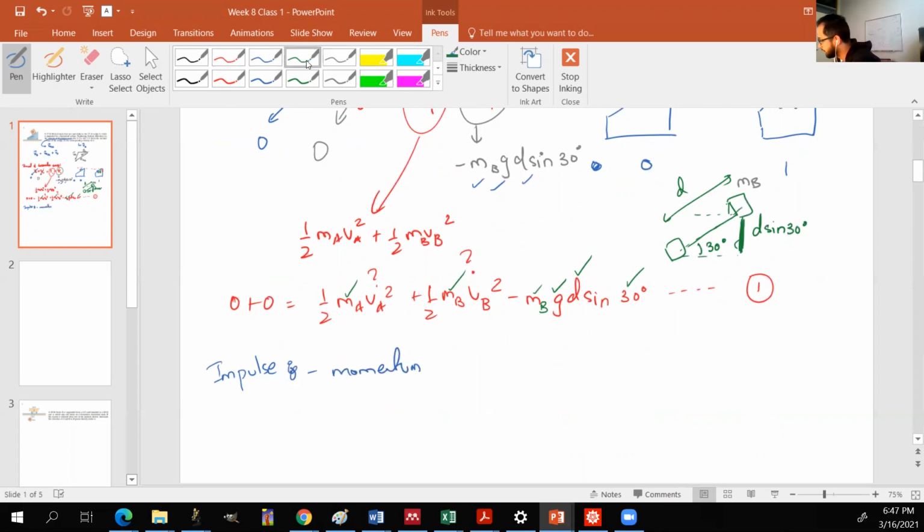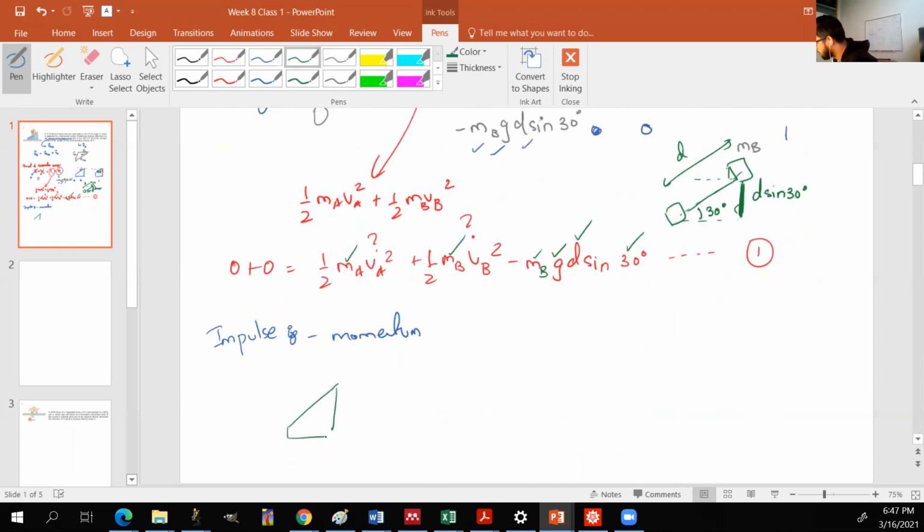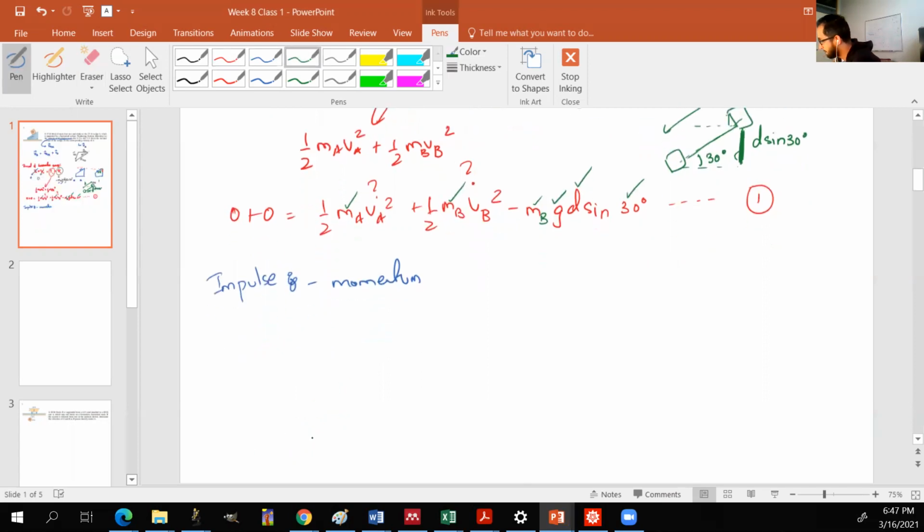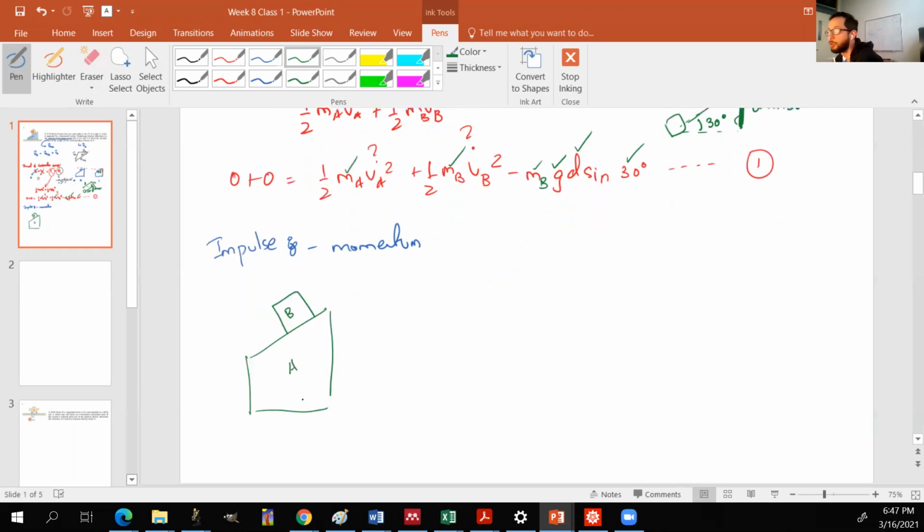All right, so initially, let's make this bigger. Initially, everything is at rest. So you go B and A. And then you have the impulse, which is the weights which are going to act on it.